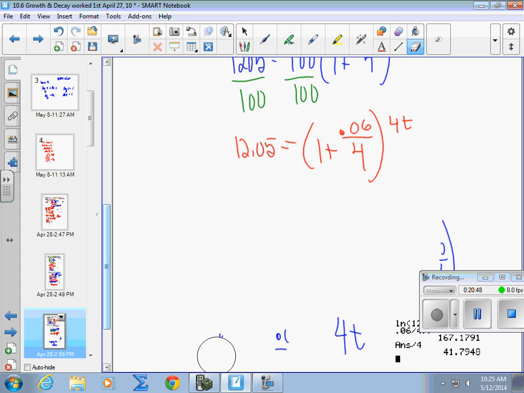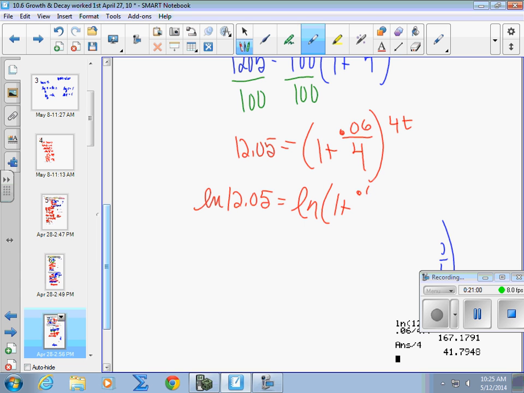I would probably just use LN because I do that for everything. So I have LN of 12.05 is equal to LN of 1 plus decimal 0.06 divided by 4 raised to the 4t. Everybody still okay? Alright. You need to move 4t to the front of the logarithm.